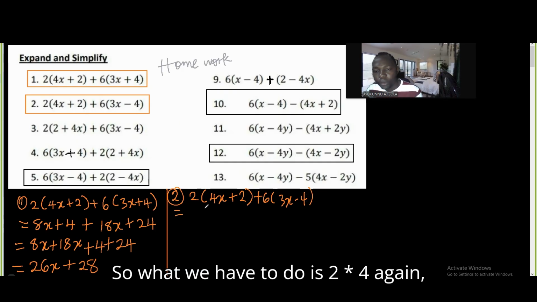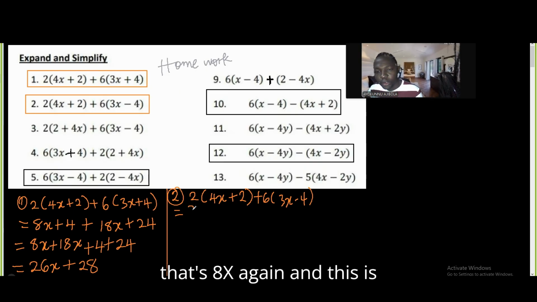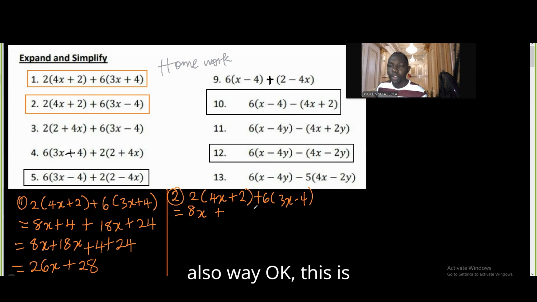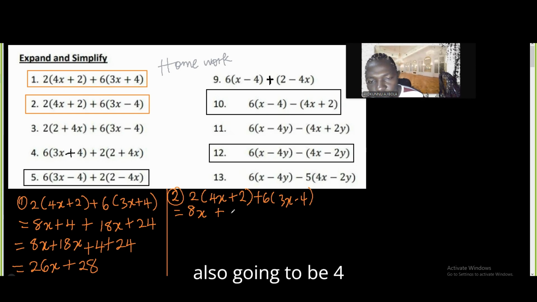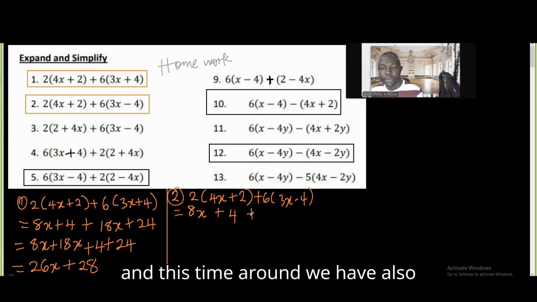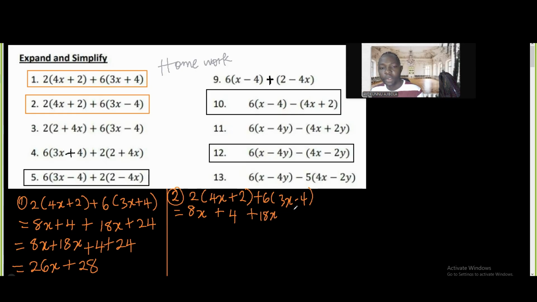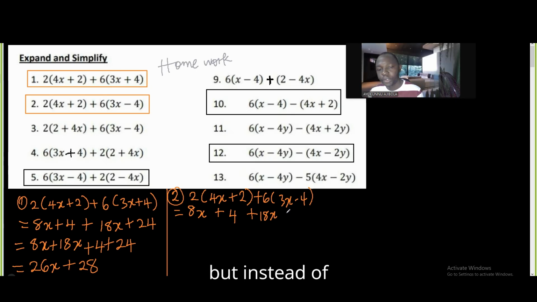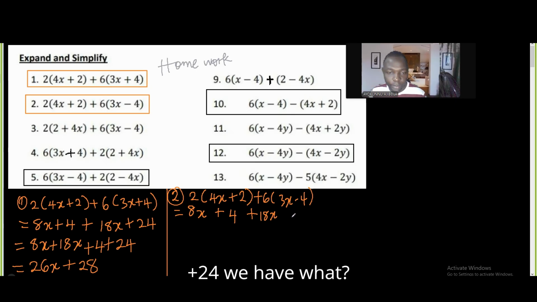So what we have to do is 2 times 4 again. That's 8x again, and this is also going to be 4. And this time around, we have also 18x. But instead of positive 24, we have what?